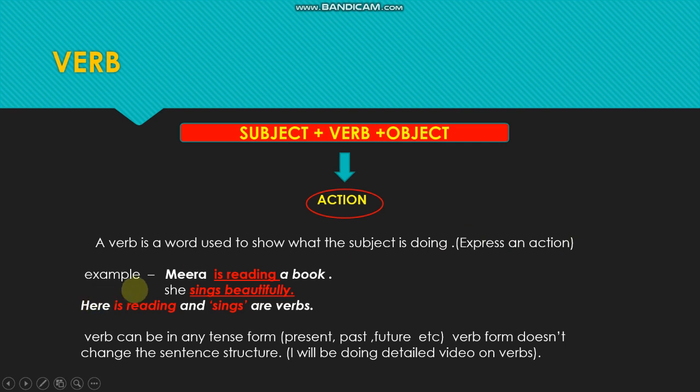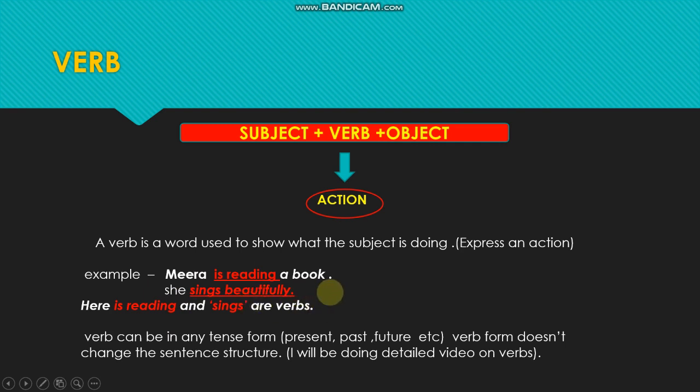A verb is a word used to show what the subject is doing, or it is used to express an action. For example, Meera is reading a book. Here, is reading is the verb because the subject Meera is reading a book. A book is the object here. Is reading is a verb. It is an action. Meera is doing something. Similarly, she sings beautifully.